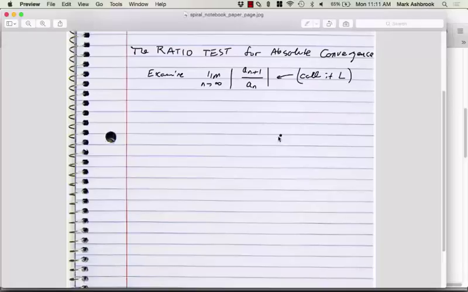If L is less than 1, then this is absolutely convergent. Whoa, that's pretty serious. Pretty serious, huh? Wow.